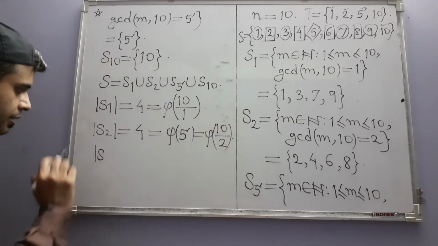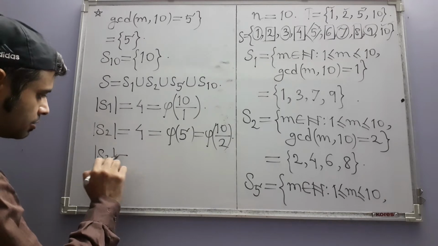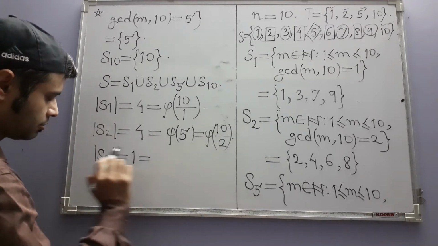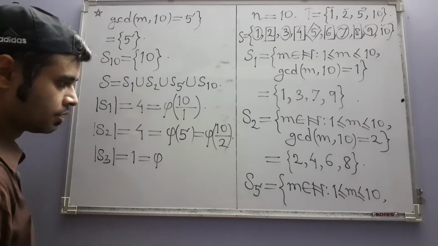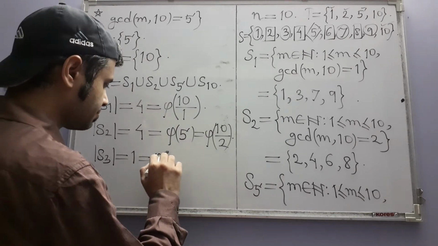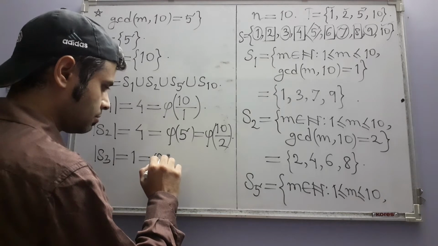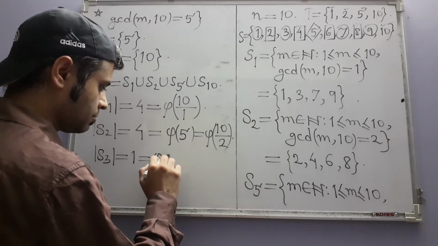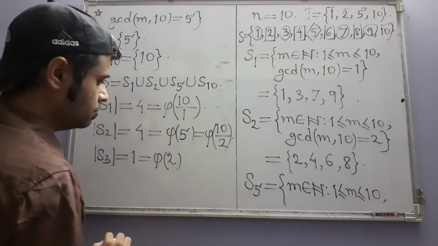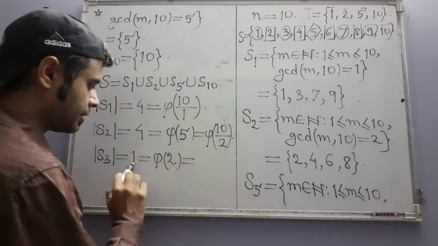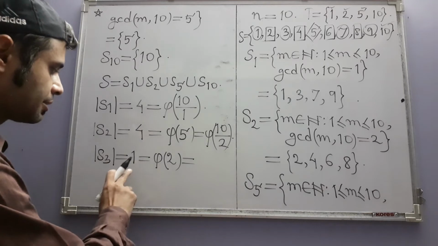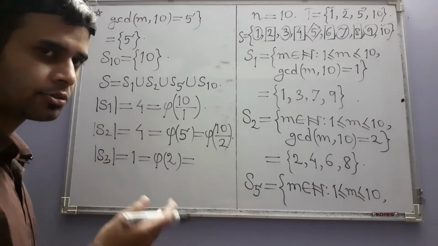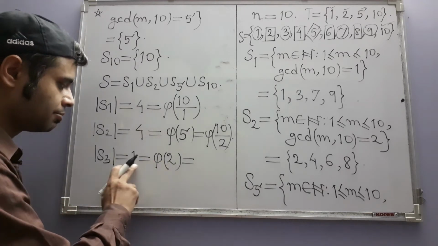The cardinality of S5 is 1, which is the phi value of 2, because there is only one positive integer less than 2 and relatively prime. In fact, there is only one positive integer less than 2, and that turns out to be relatively prime to 2, which is 1.